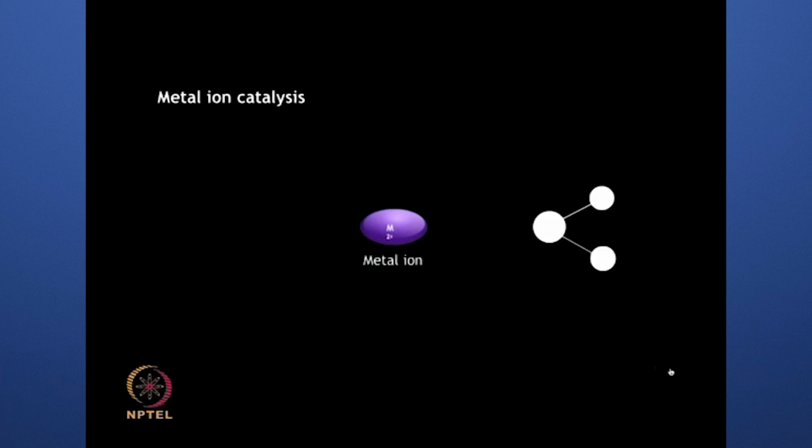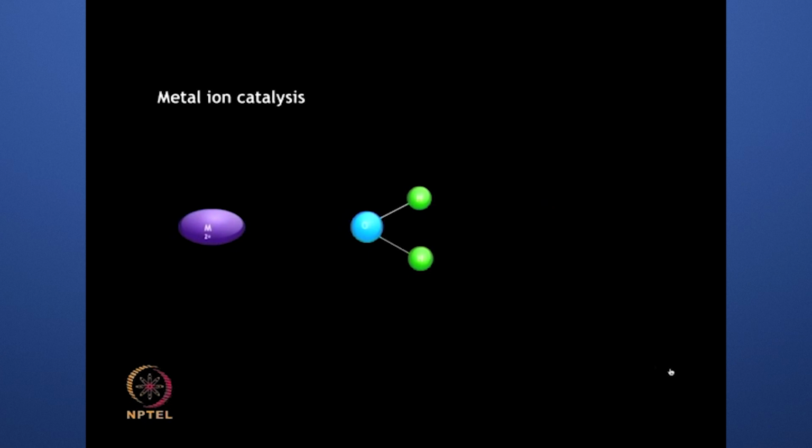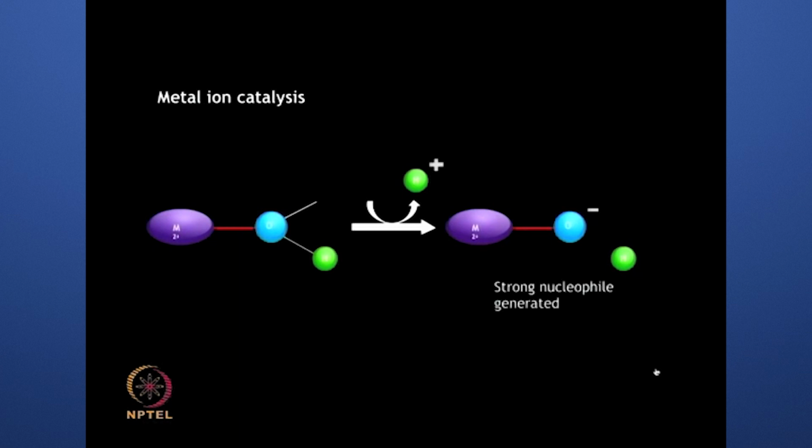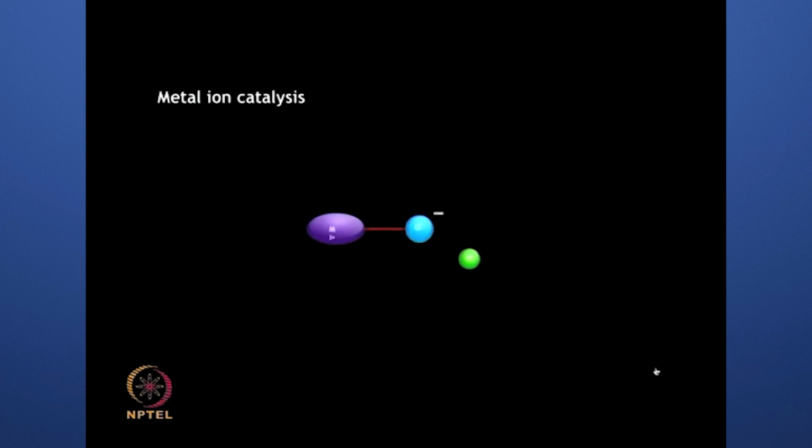Metal ions, either present in solution or bound to the enzyme itself, facilitate catalysis by forming favorable interactions between enzyme and substrate or in the transition state. Metal ions in the active site of an enzyme typically react with a water molecule and activate it by facilitating generation of a strong nucleophile in the form of a hydroxide ion.